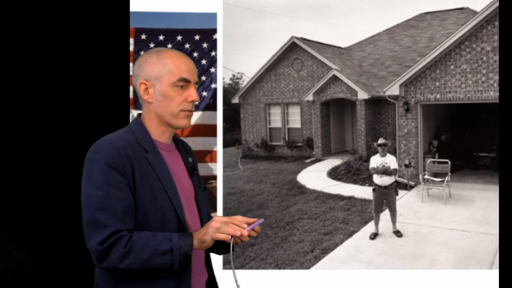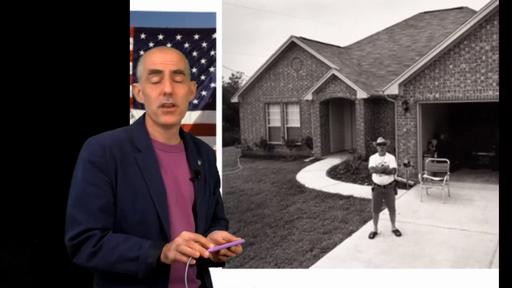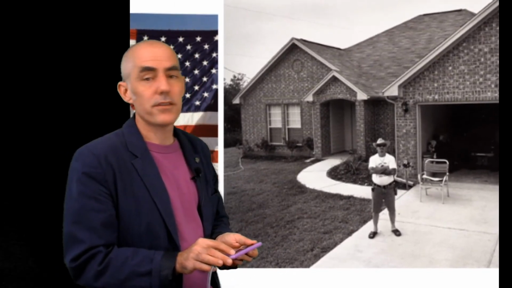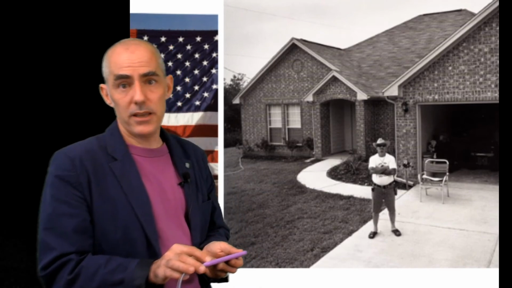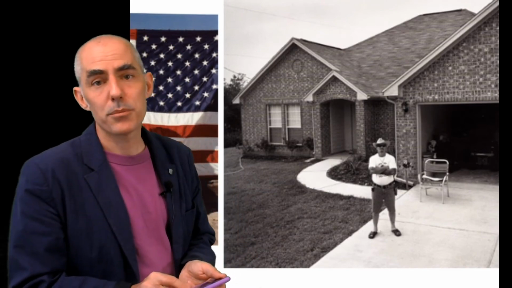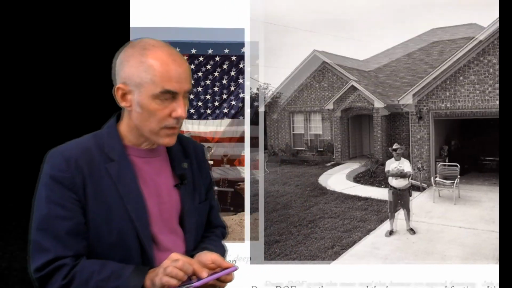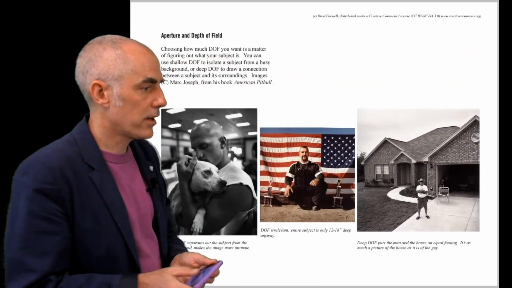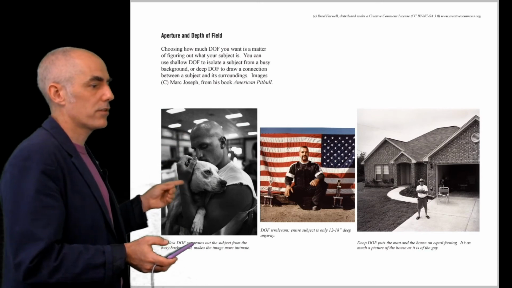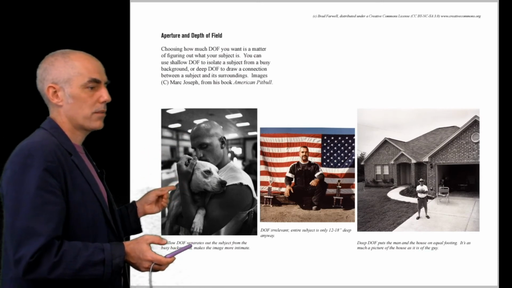In the house picture, it's really important to have deep depth of field because it's a picture that is talking about this guy in this place, right? So we want to have both the guy and the place be sharp. We want both of those things as sort of co-equal actors in the scene. So 3 pictures, right? One with very shallow depth of field being important, making the picture better.